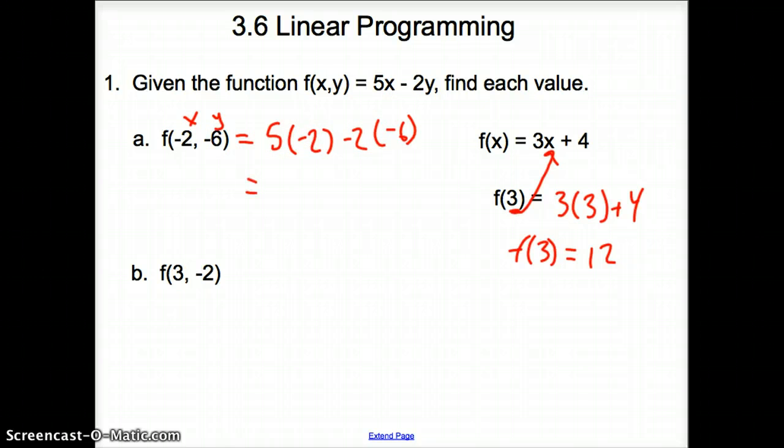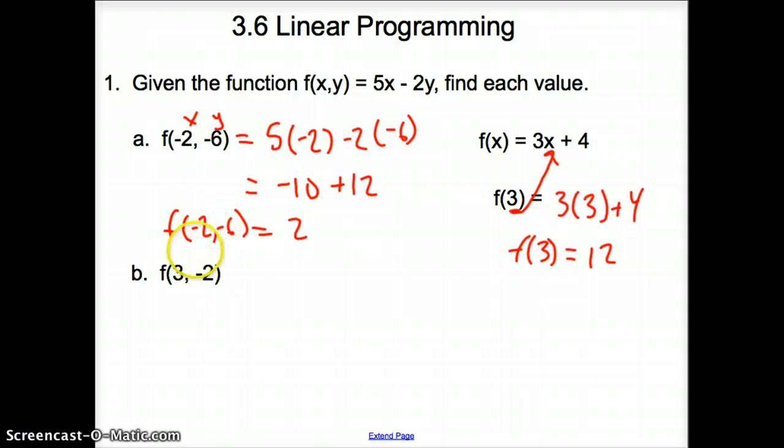Now I'm going to show my work here. We have 5 times negative 2, which is negative 10. Here we have to be careful because it's a negative 2 and a negative 6, which gives us a positive 12. And so the function of negative 2, negative 6 gives us a positive 2.